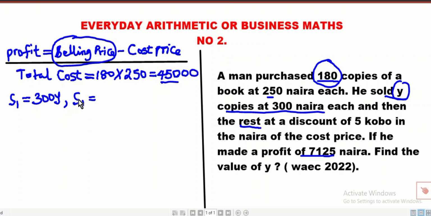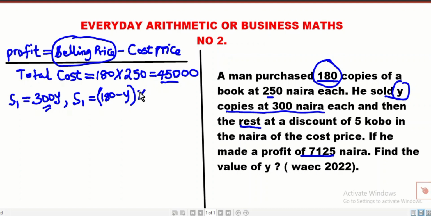So 180, if you take Y away from it, you are going to have 180 minus Y. This is the rest of the books that were left after Y was sold at 300 naira. So this is the number. What is the amount they sold it?